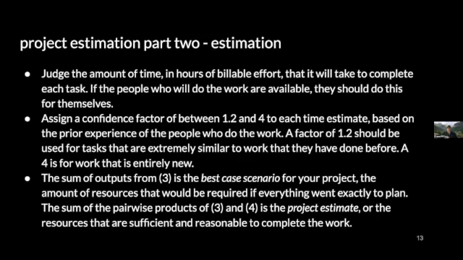So now you have a list of tasks and subtasks and what I call an initial estimate, a number of hours for each one. If you add up those number of hours, that's what I call the lower bound or the best case scenario estimate for your project, which is to say, if the project goes exactly to your expectations, which is by definition what you asserted when you made those estimates.